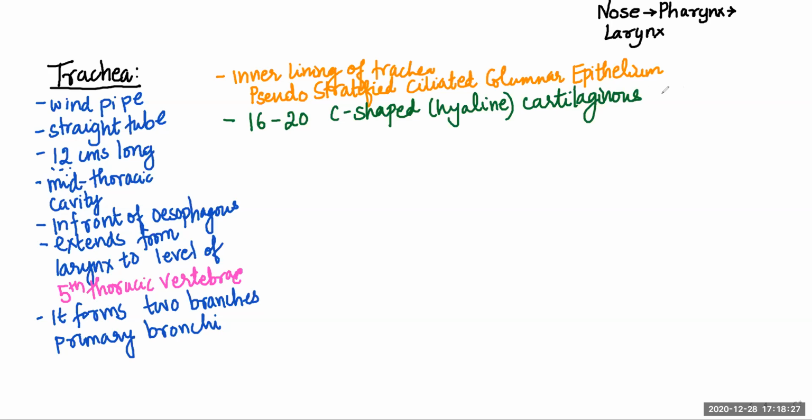I'm just adding the word hyaline. Yes, no visible fibers in the matrix. What is the function of hyaline cartilage? They prevent collapsing of trachea. They hold the shape of the trachea and prevent it from collapsing.